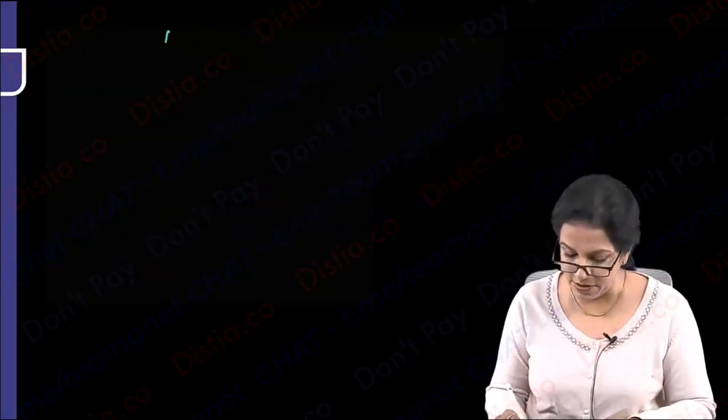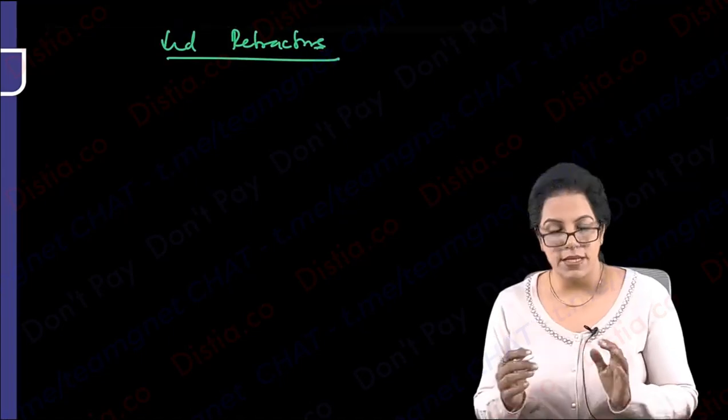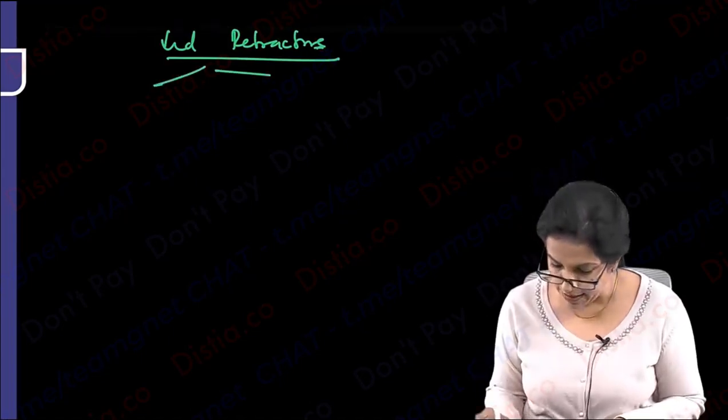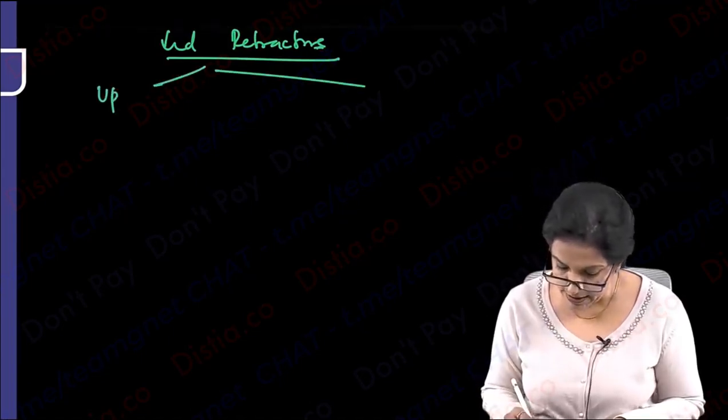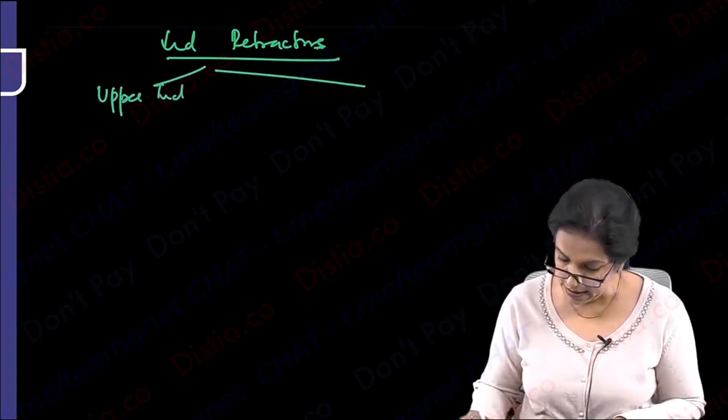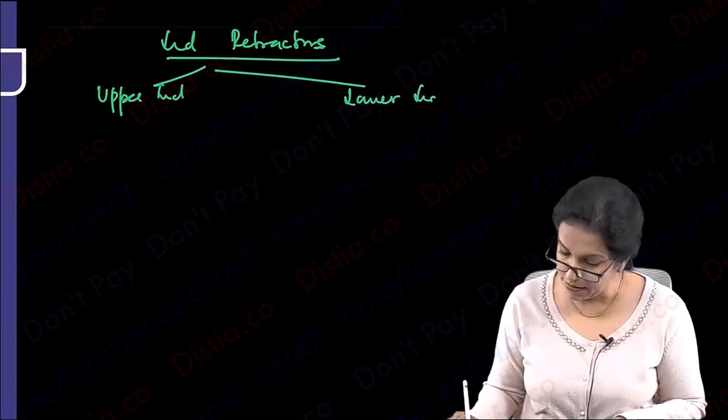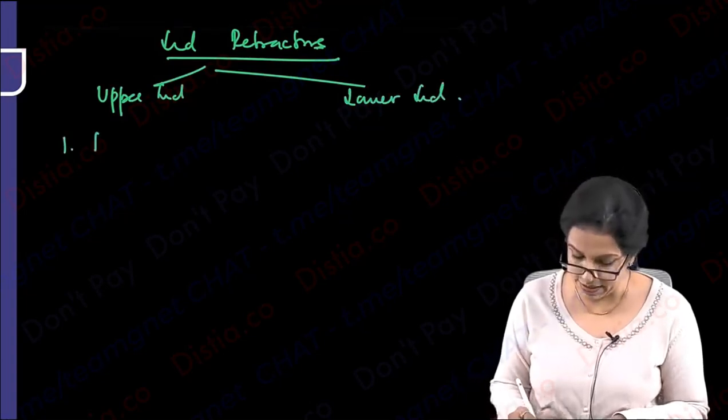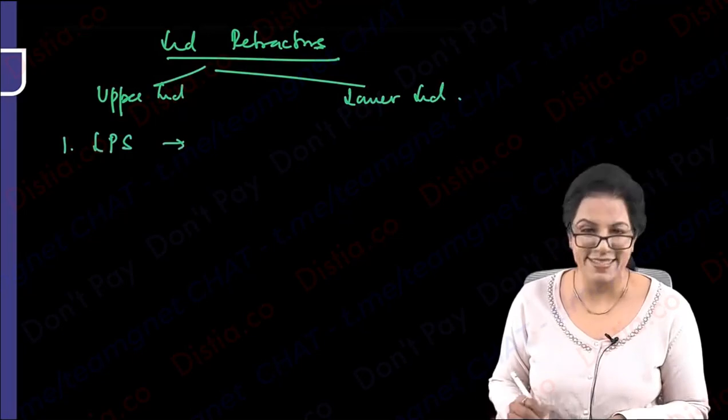Let's talk about the lid retractors. So the next heading is lid retractors. Let us divide it into what are the retractors in the upper lid and what are the retractors in the lower lid. Talking about the upper lid retractors, we all know first is LPS, levator palpebrae superioris.